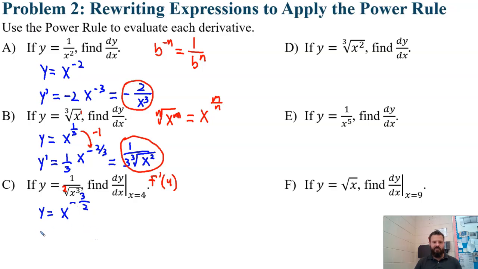Now I can find the derivative, the y prime, which would be equal to, put the n out front, negative 3/2 times x to the, if I take away 1 from here to here, in other words minus 2 over 2, that'd be x to the negative 5/2.